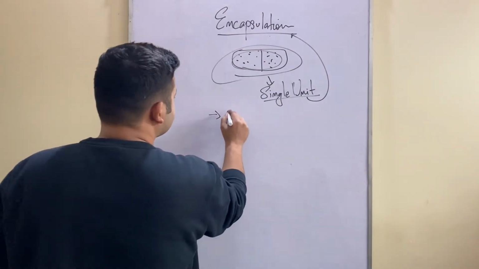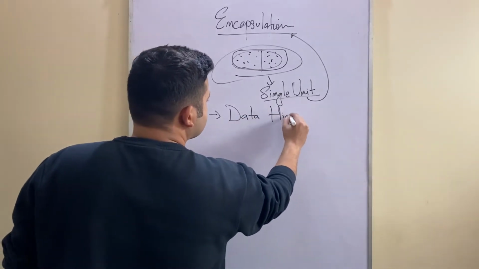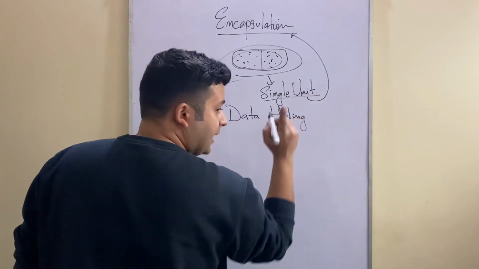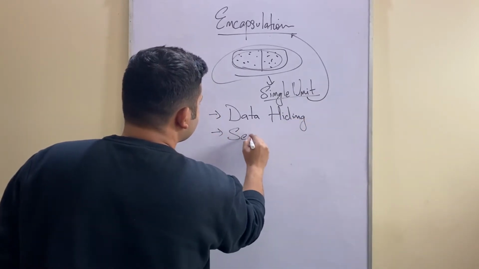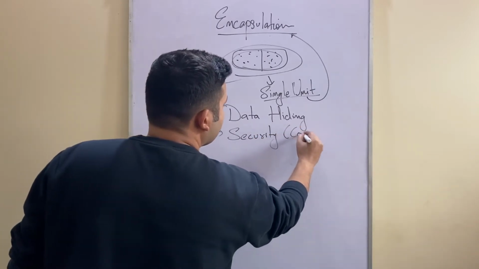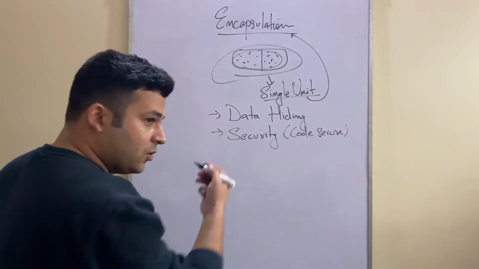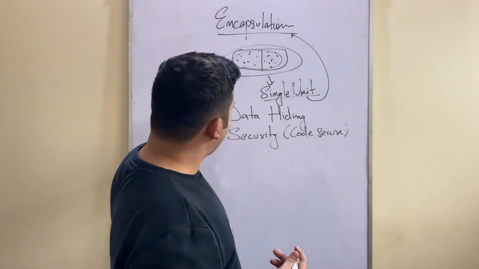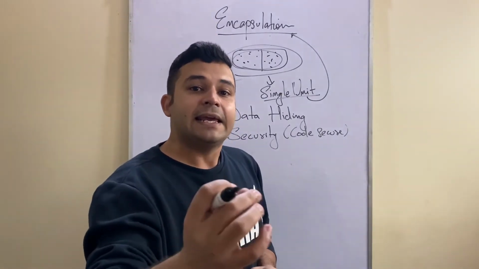Number one is data hiding, and number two is security, or code security. How these two are actually achieved using encapsulation, we are going to see by an example.